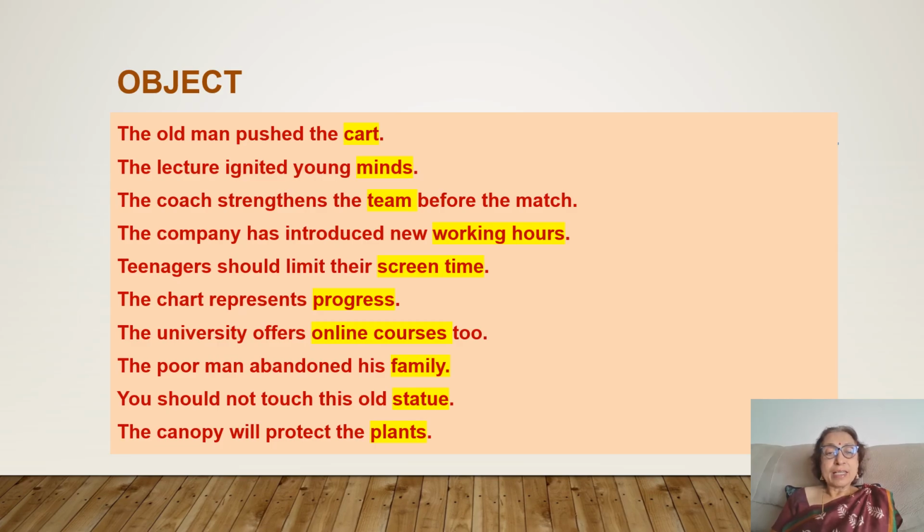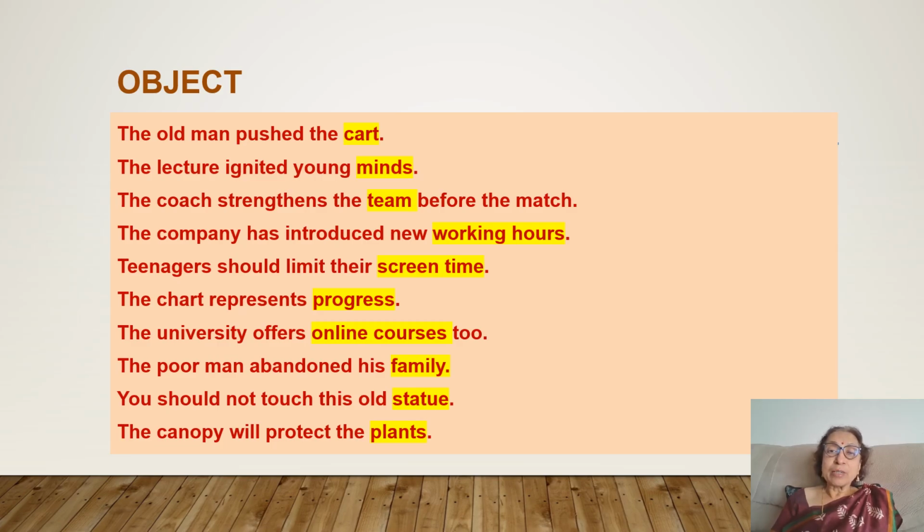Suppose I say, the old man pushed. Pushed what? Sentence is incomplete. So the verb's meaning depends on the object. The verb's action is carried out by the subject. All these sentences have subject nouns, but I'm not looking at the subject nouns.